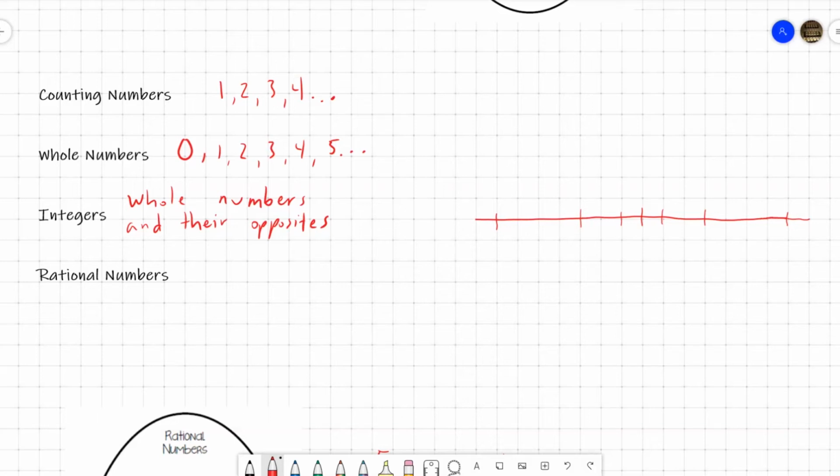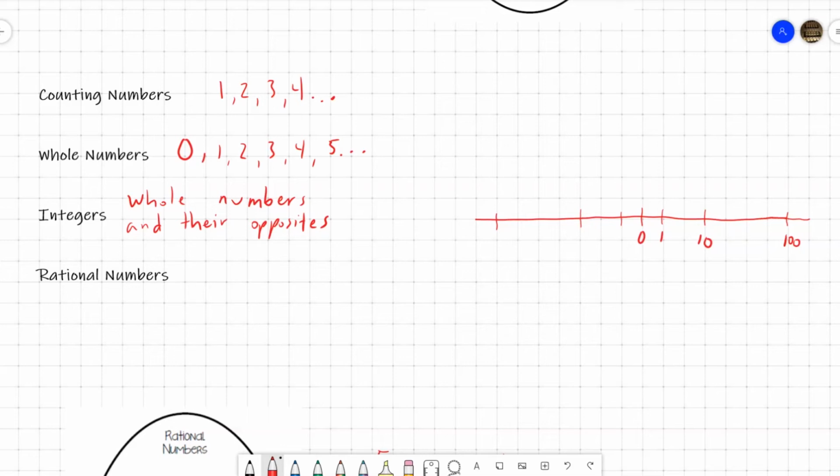Well, what does opposites mean? So over here I have a number line, and in the middle of my number line I'm going to put the number 0. Number 0 is a whole number. And then I just have some numbers. So let's say I have 1, and it's not to scale. Maybe I have 10 or 100, right? Or whatever I want them to be.